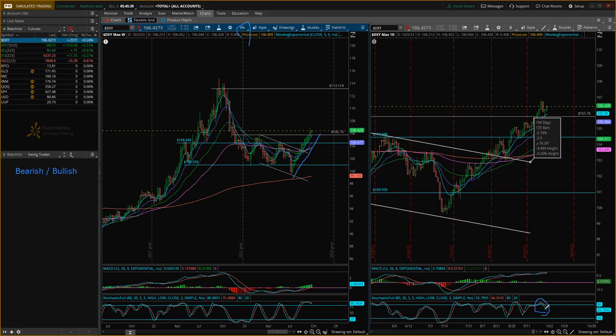Stochastic has crossed downward, and the price is still going up, but I think it's losing its momentum, as you can see on the MACD, and it's about to cross also. So DXY is in overbought conditions, and I think there will be some corrections this week or even next week.